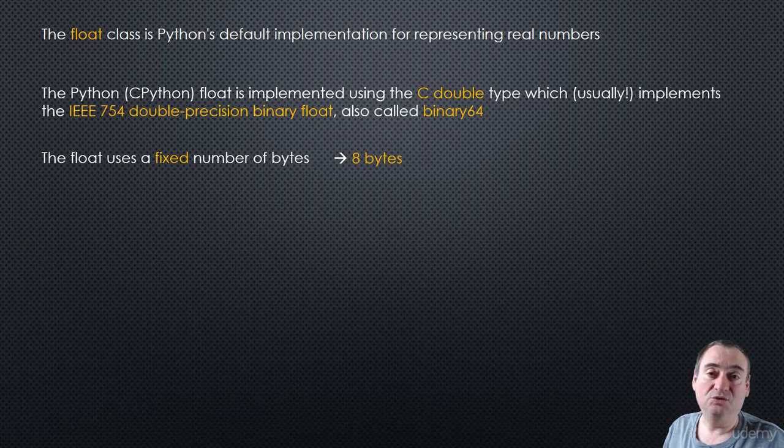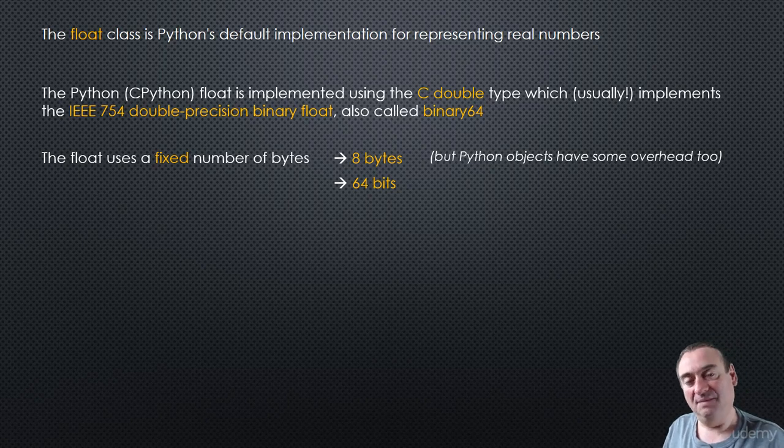In particular, it uses 8 bytes, and that means 64 bits. But Python also has some overhead with objects, which means that in reality, when we create a float in Python, we're actually using up 24 bytes. But no matter how large our number is, as long as it fits within what a float can actually contain, we only are using 24 bytes.